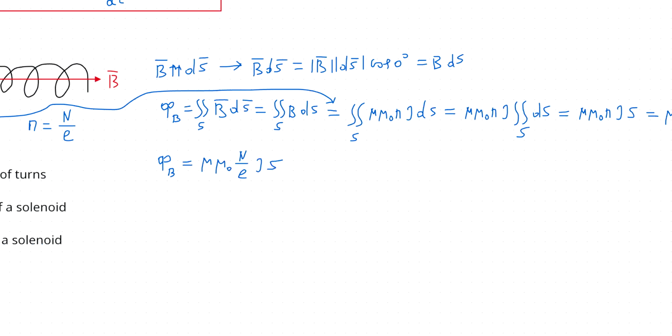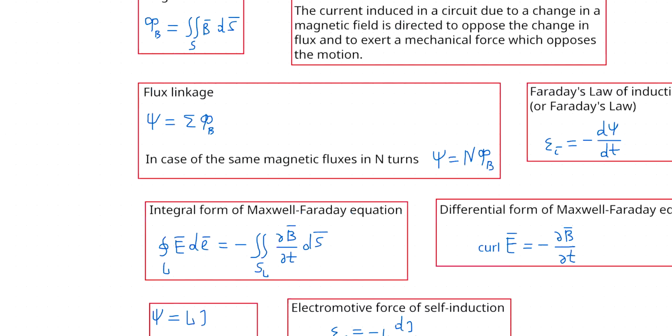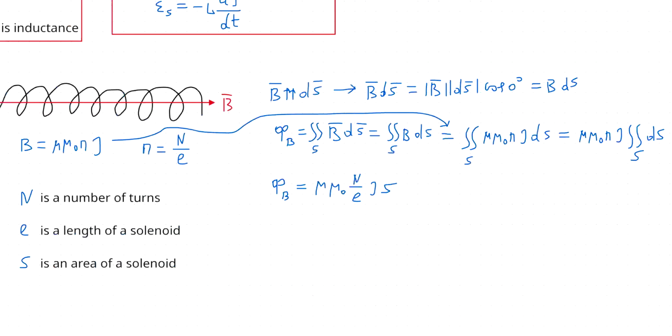Okay, what about flux linkage? Flux linkage in all N turns will be equal to the magnetic flux in one turn multiplied by the number of these turns.